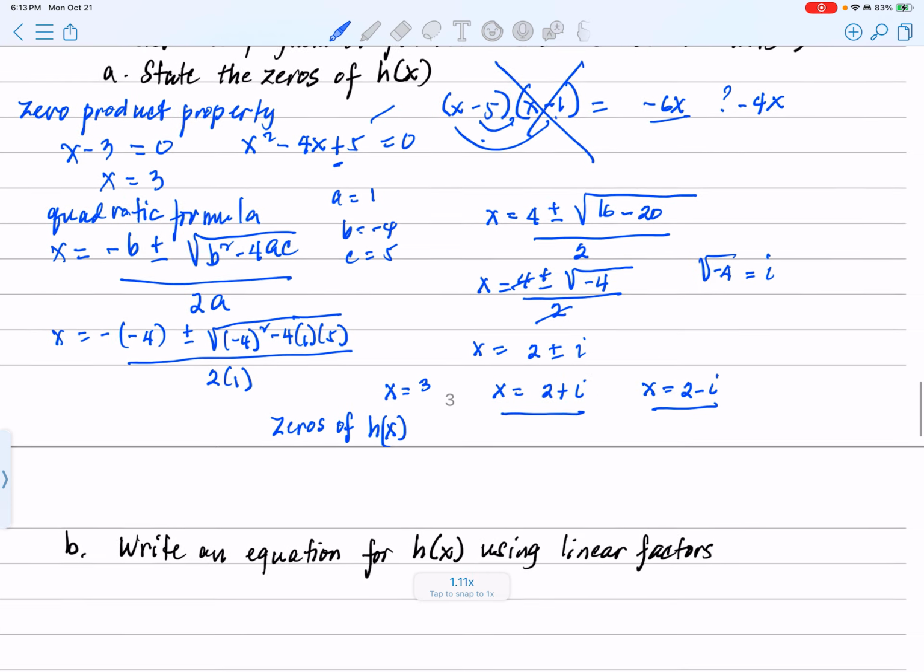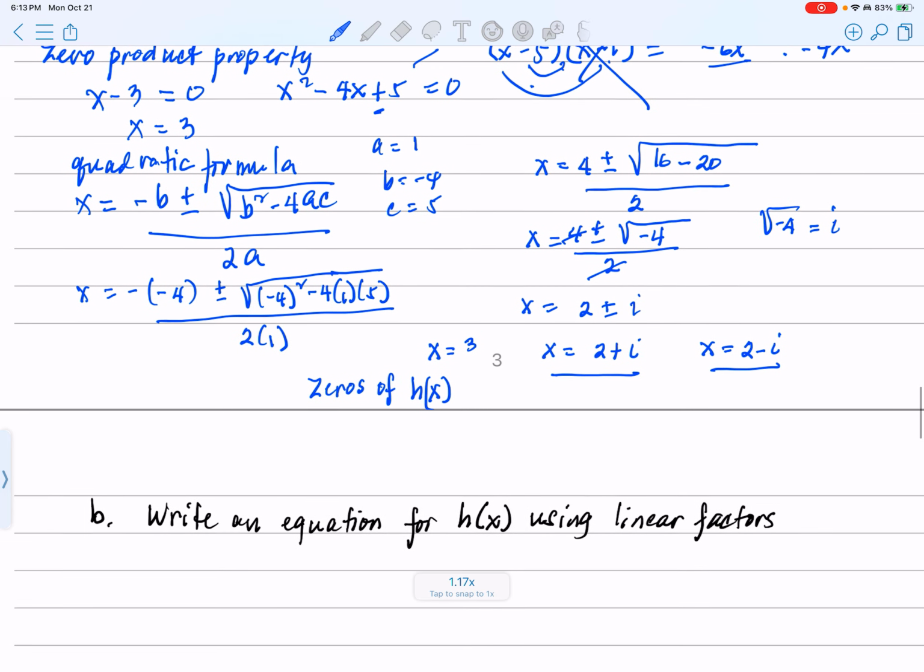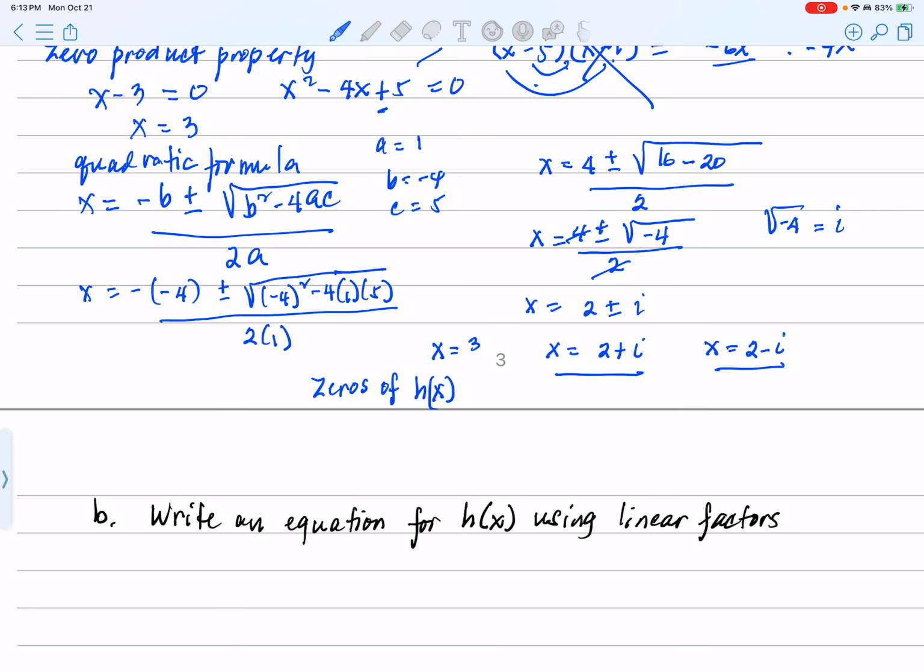Write an equation for h of x using linear factors. What would that equation be?